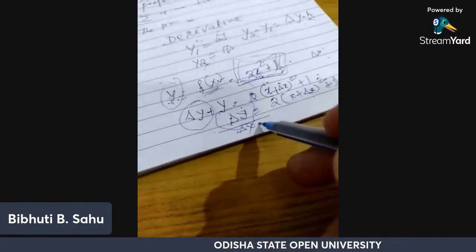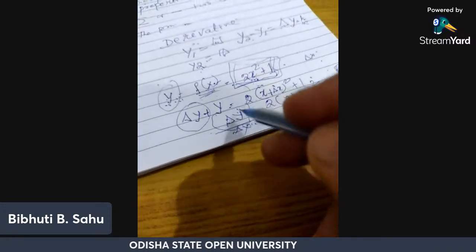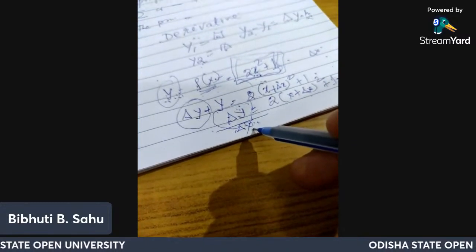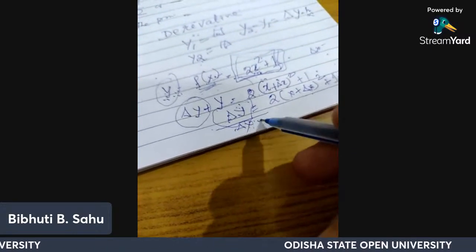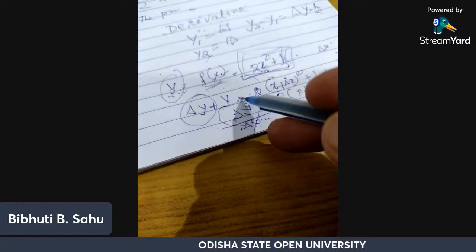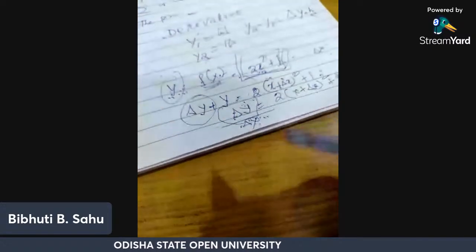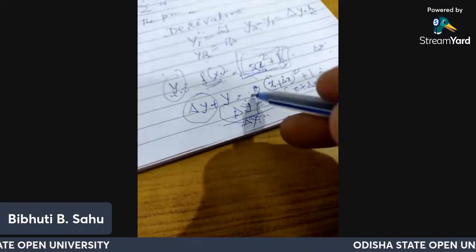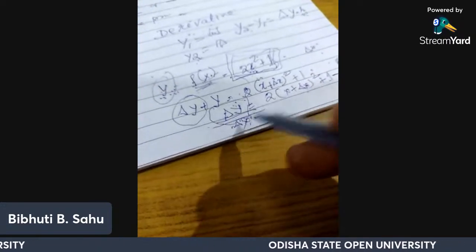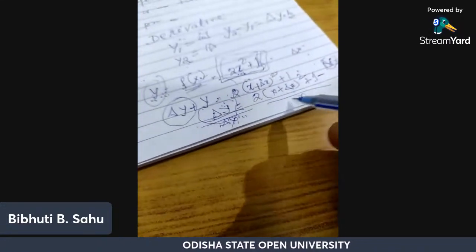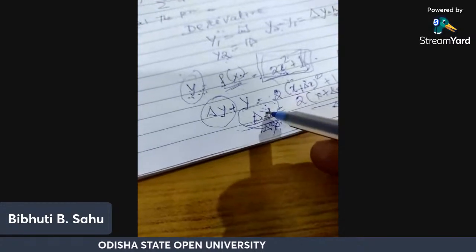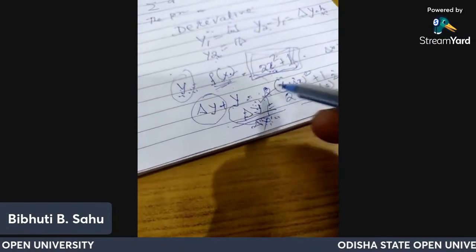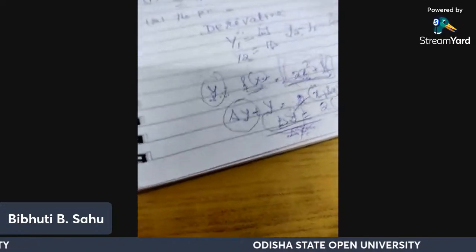Delta x can be any quantity. If it is 2, then dividing by 2 gives the change in delta y for 1. If it is 0.2, then also we can find the rate of change, because 0.2 is equal to 2 by 10, so 10 into this divided by 2. So if we divide by delta x on both sides, we can find the ratio of change, or rate of change of y for every unit change in x.